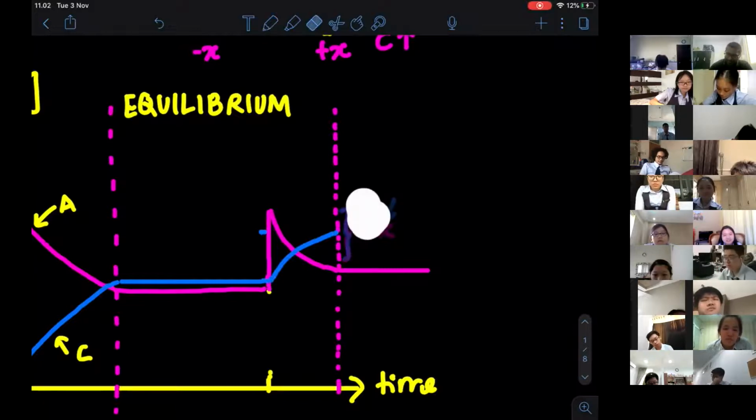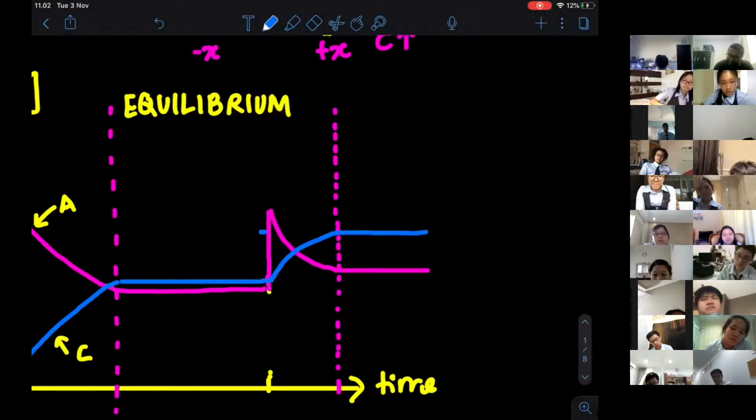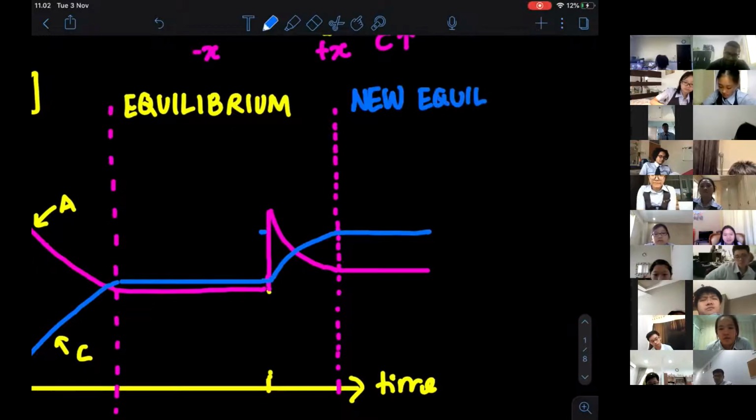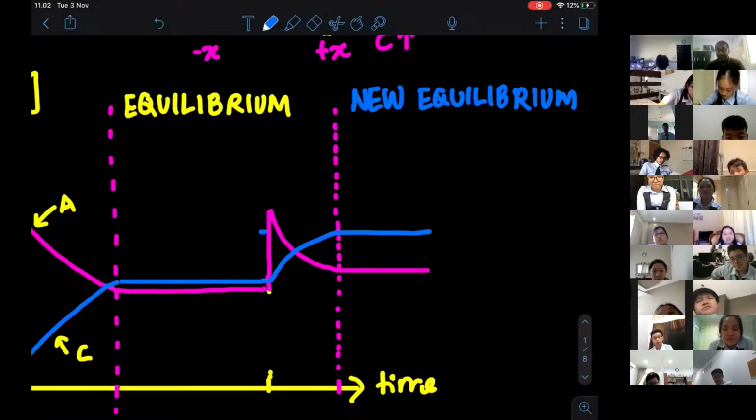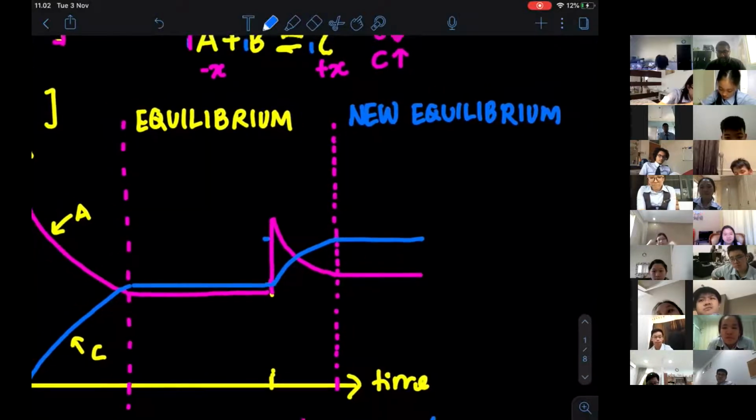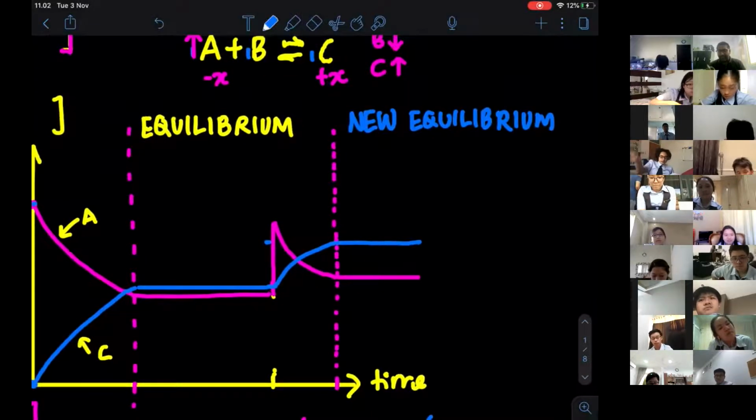I erase this part, and they start to re-establish a new equilibrium. This is the new equilibrium. Nevan, can you understand this? Yes, sir.